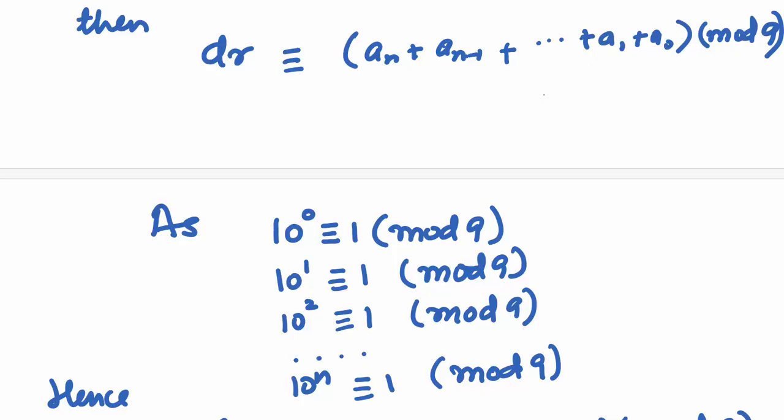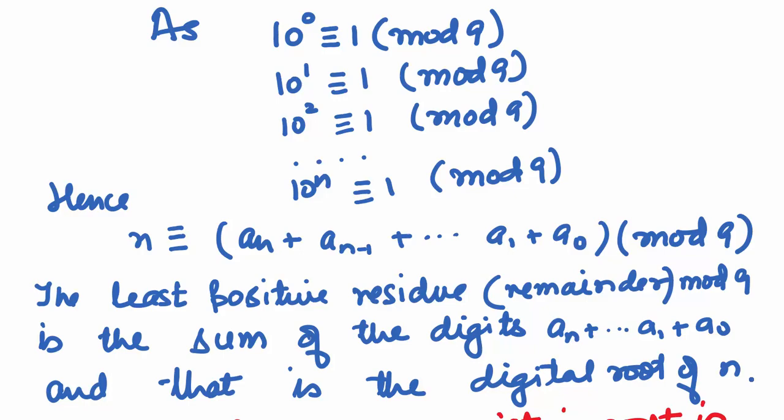How do we get this? As all powers of 10 are congruent to 1 mod 9, n will be congruent to a_n plus a_(n-1) plus ... plus a_1 plus a_0 modulus 9. The least positive residue, which we also call the remainder modulus 9, is the sum of digits a_n plus ... plus a_1 plus a_0, and this is called the digital root of n.